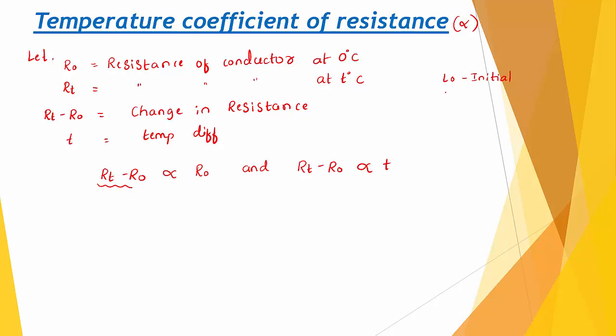So we consider L as the length after the increase in temperature. Here L minus L0 gives the value of delta L, the small change in the length. And L minus L0 depends on two factors: one is its original length L0 and another is the change in temperature delta T.